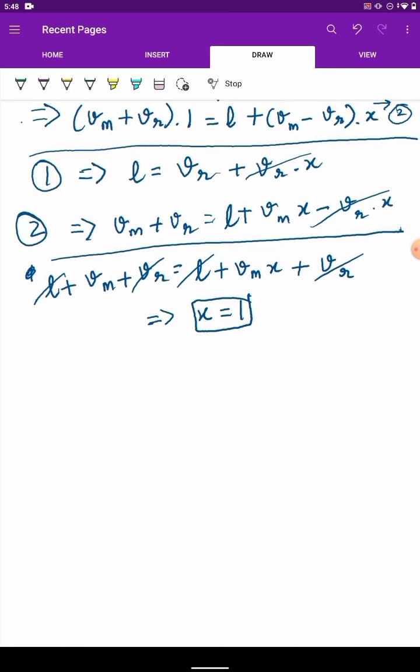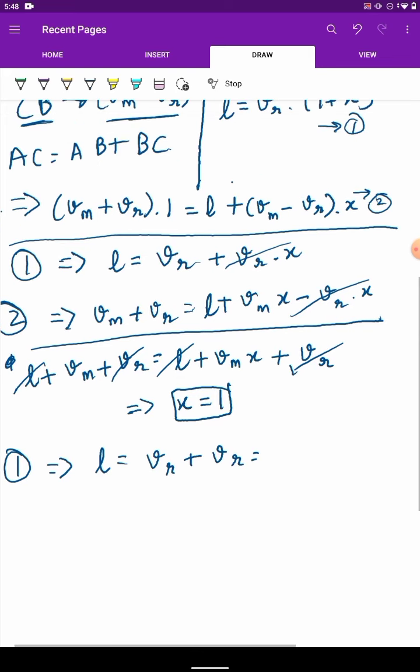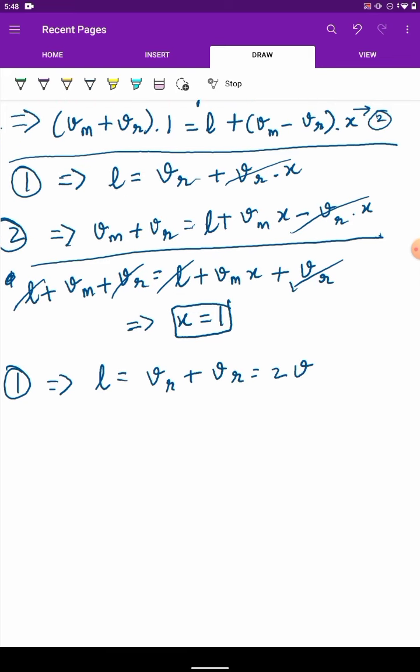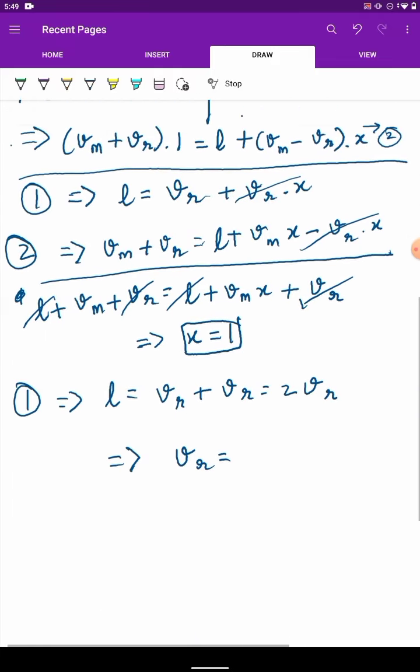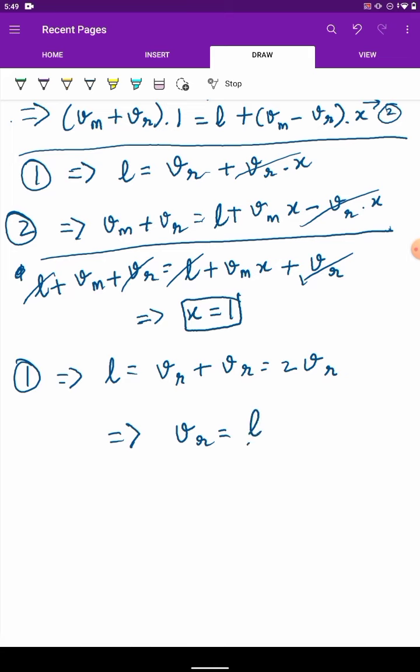Now we have to find out Vr. It's easy. We'll take equation 1 and put x equal to 1 there. So L is equal to Vr plus Vr, which is 2 Vr. I think I should have taken tau. In the question tau is 1, which is why Vr comes out to be L by 2.